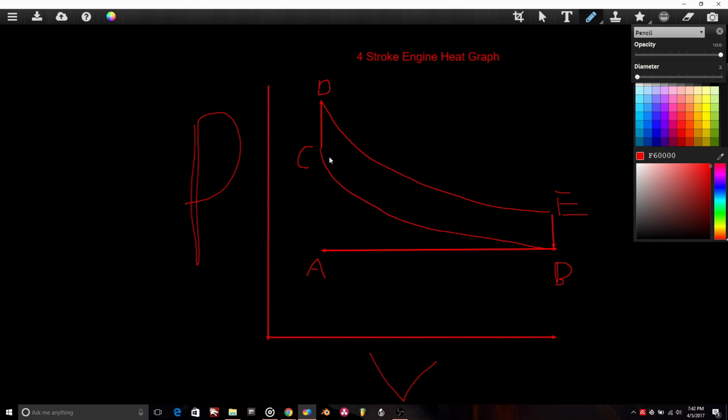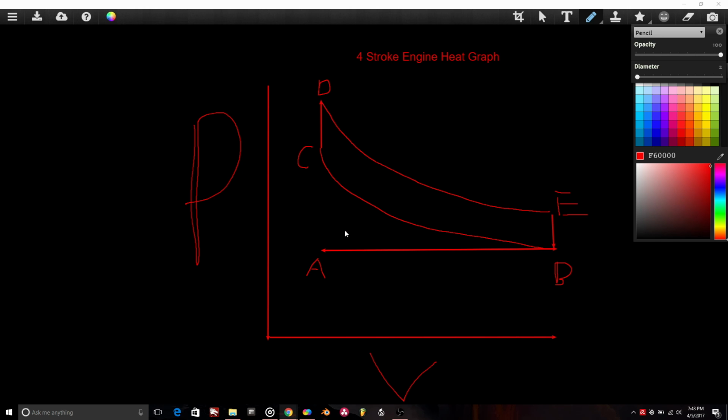C is where the spark plug ignites the air-fuel mixture, and instantaneously the pressure increases due to the explosion, and it pushes down the piston from D to E. Water break, which was pretty quick this time because I brought my water bottle up.